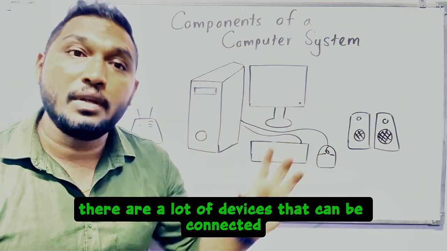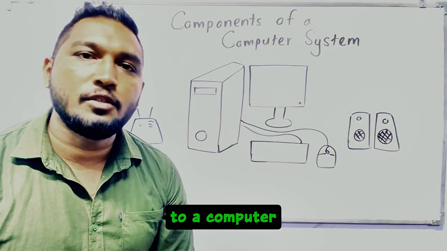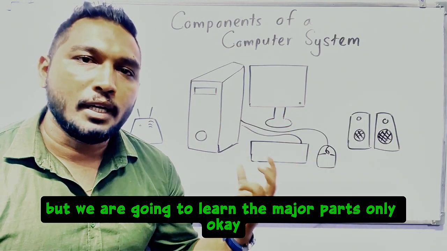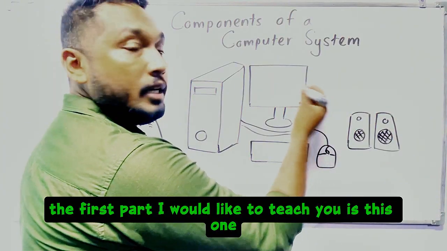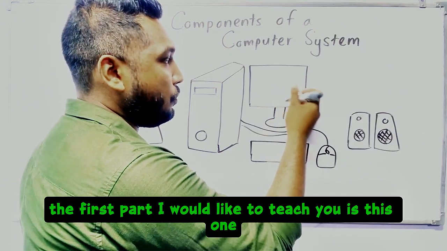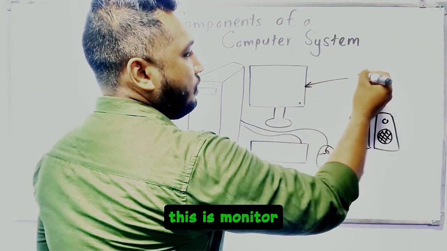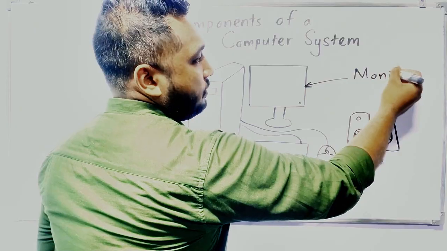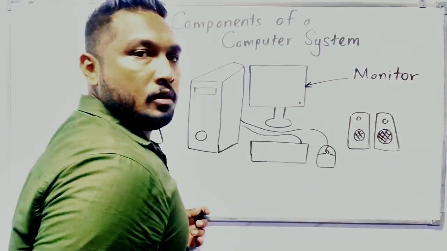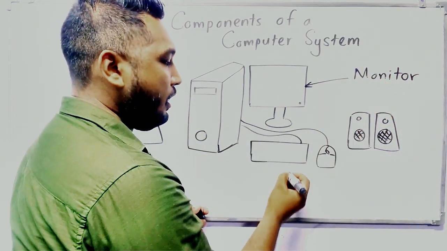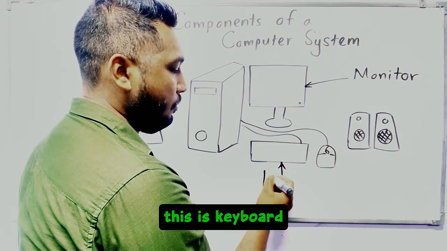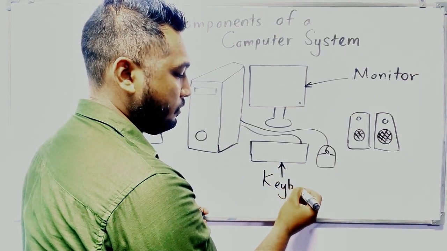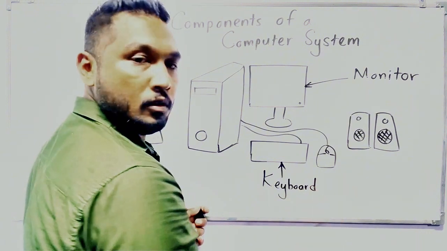There are a lot of devices that can be connected to a computer, but we are going to learn the major parts only. Okay, the first part I would like to teach you is this one. This is the monitor. Then this is the keyboard, right?